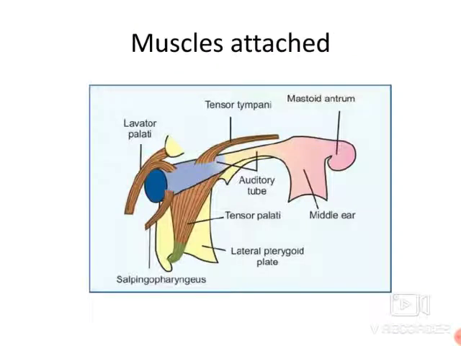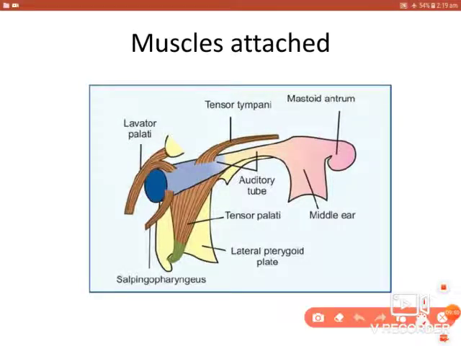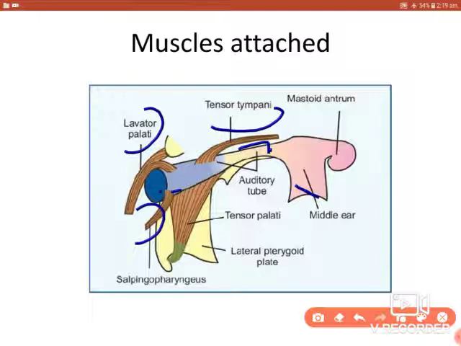Then coming to the muscles attached to the auditory tube, here this is the middle ear, this is the anterior wall, this is the bony part, this is the cartilaginous part. Through the medial lamina, the muscles attached are the levator veli palatini, the tensor tympani, and the salpingopharyngeus.